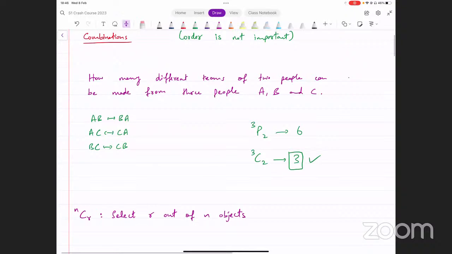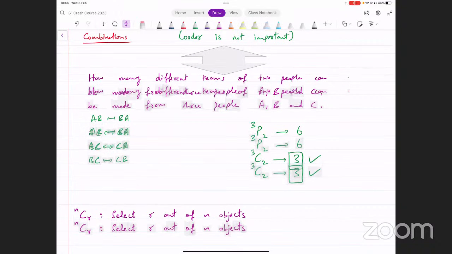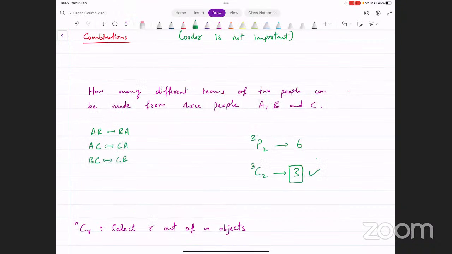Now, there are some keywords that you should be familiar with that would give you a hint that you actually need to use combinations here and not permutations. For example, one keyword is what you've used here, that's called selection, right? So whenever you have to select something, that gives you a hint. You're looking for a combination.